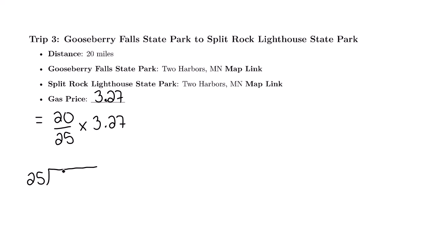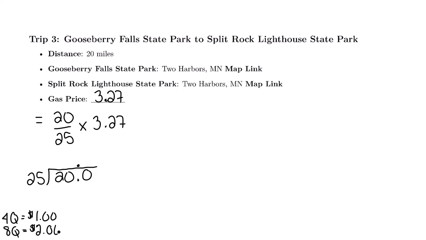Next, we're going to take 25 into 20. Now 25 doesn't go into 20, so I'm going to have to put a decimal point here, add a 0. Well, how many 25s are in 200? Well, if 4 quarters equal $1, 8 quarters will equal $2. Now, why am I talking about quarters?